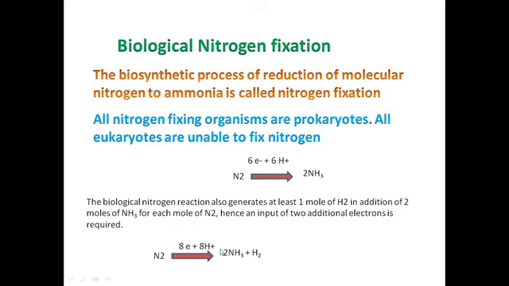Also it requires ATP. So this is the overall reaction of nitrogen fixation, where molecular nitrogen gets converted to ammonia and hydrogen gas is evolved, and it requires 8 electrons plus 8 protons.